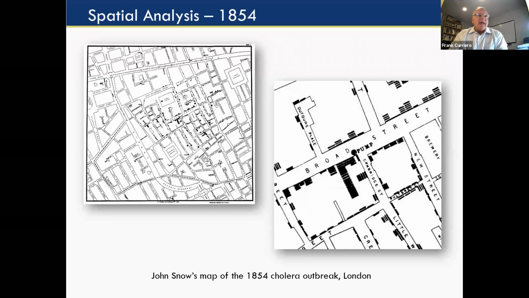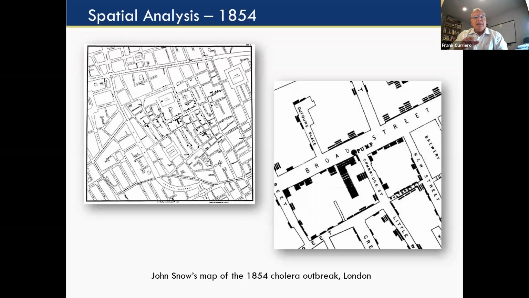Those were people who lived there that had cholera, and at that time, cholera was thought to be an airborne pathogen. So you got it by breathing air, and obviously, what we know now is that it's more of a waterborne disease. And what John Snow did, and he's kind of known as the father of epidemiology, he plotted the pump, and then you see on the right-hand side this Broad Street water pump, because people used to go to this pump to get their drinking water.